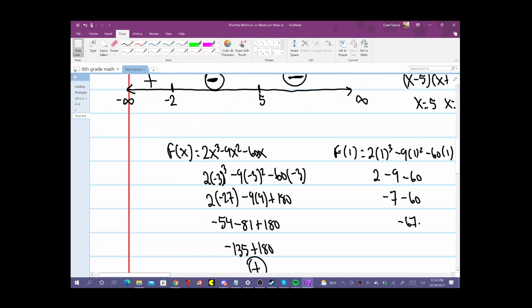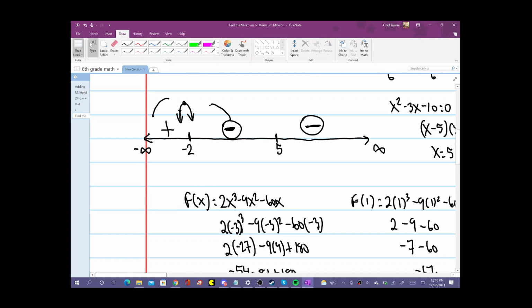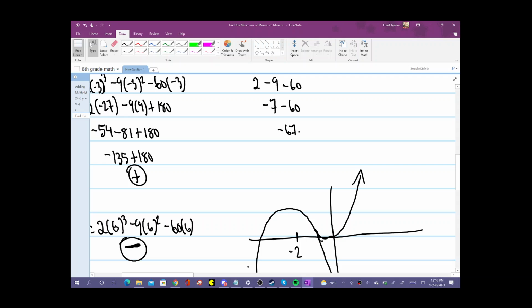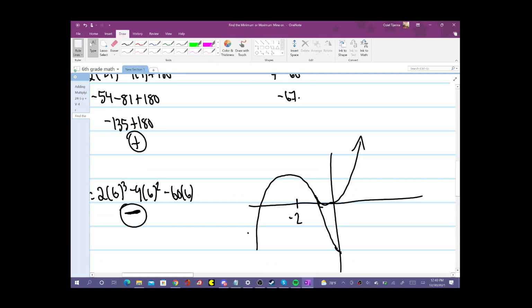So, I believe the minimum value is going to be at x equals 0. That would be the minimum value. However, I am not 100% sure. Give me 1 second.